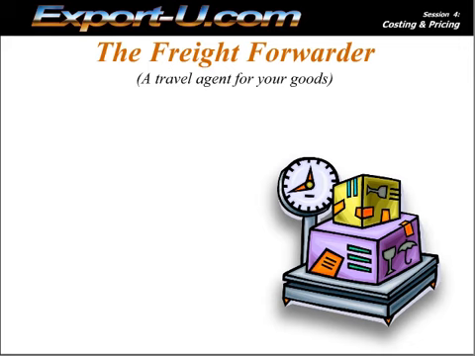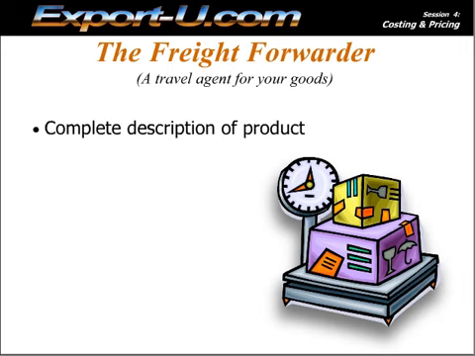However, exercise care in selecting freight forwarders. You want to work with an experienced forwarder who is familiar with your products and your overseas markets. For the freight forwarder to provide you the costs you will incur, you will need to provide them the following information: a complete description of your product.